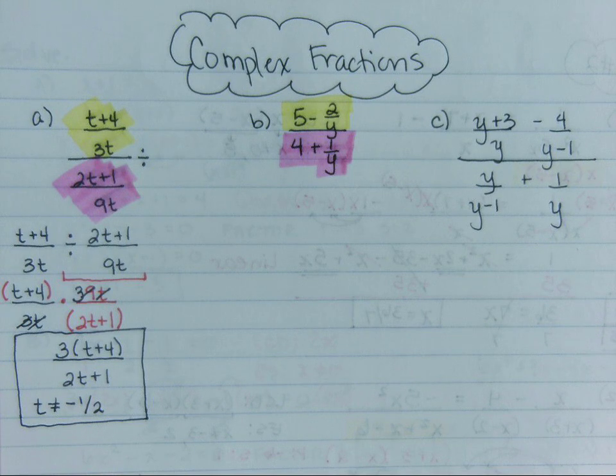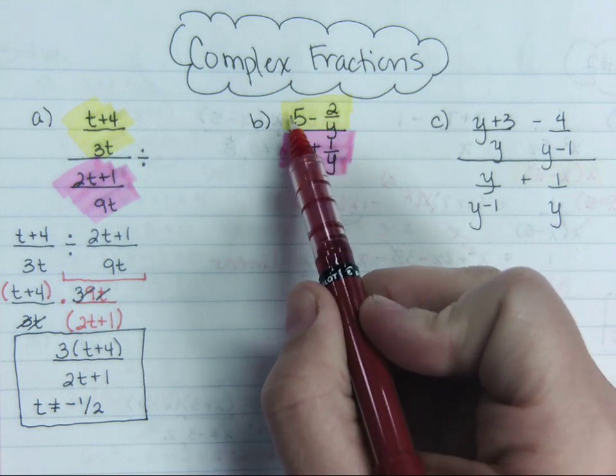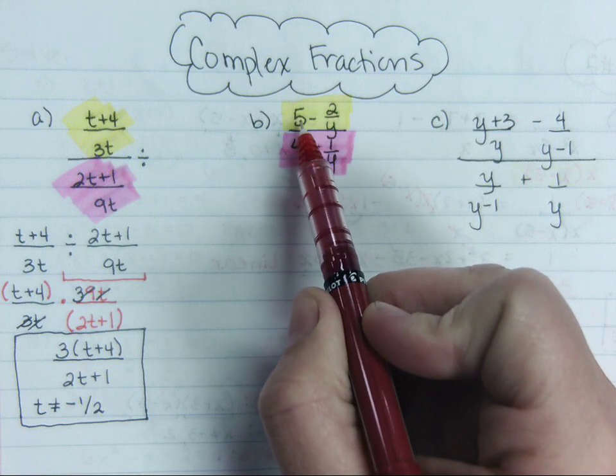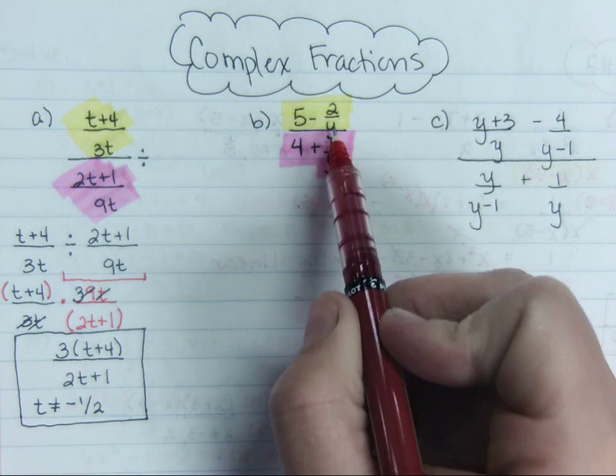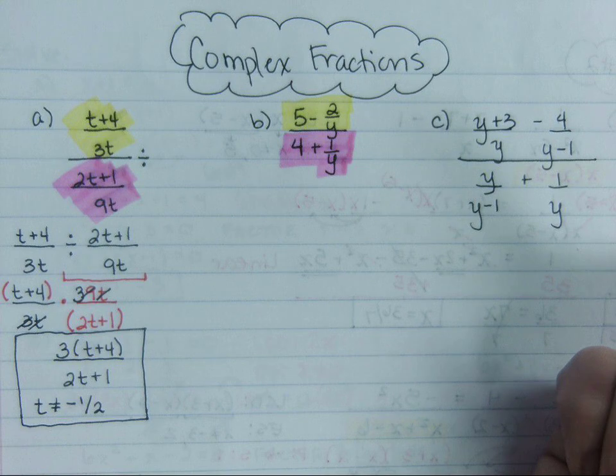Now what we need to do is rewrite these as one fraction in the numerator and one fraction in the denominator. So I'd like to look at this numerator, and I want to be able to subtract the 5 minus 2y, which means I need a common denominator.